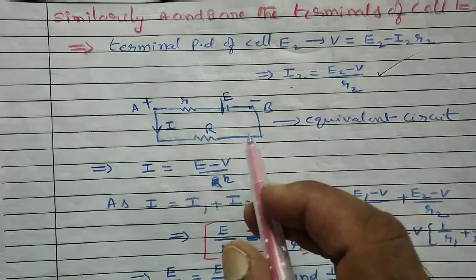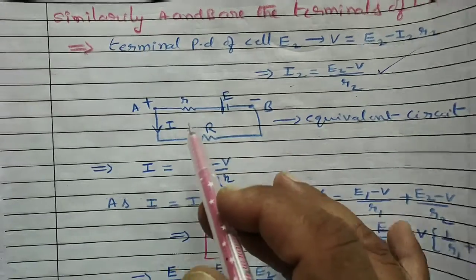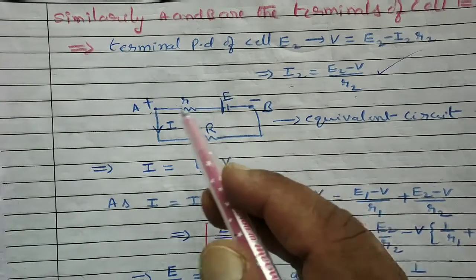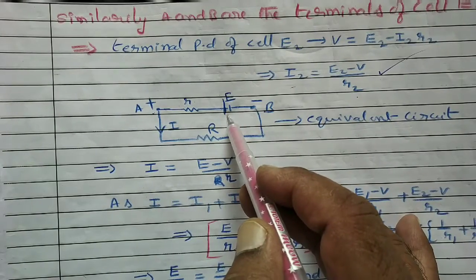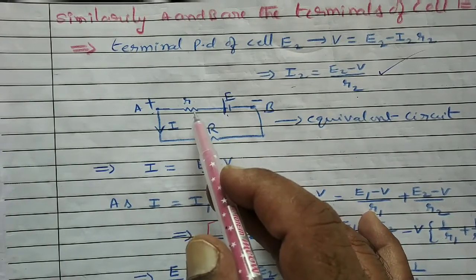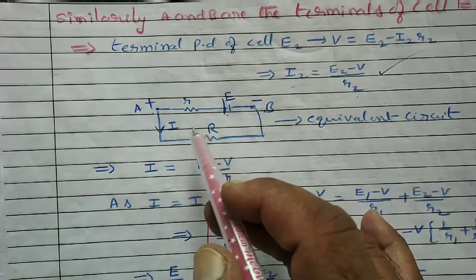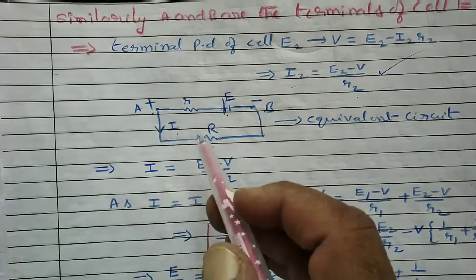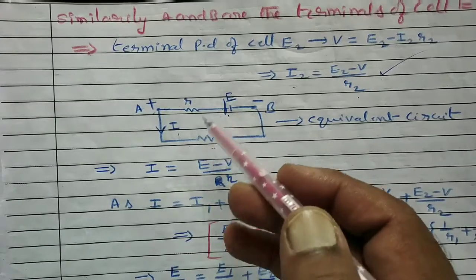Afterwards I am drawing the equivalent circuit of the above circuit. Between A and B there were two cells E1 and E2 in parallel. I replaced them with only one cell, which I am calling the equivalent cell, with equivalent internal resistance R, and the external resistor as usual big R. The current is big I. Now we cannot show I1 and I2 here, because those cells are not present.